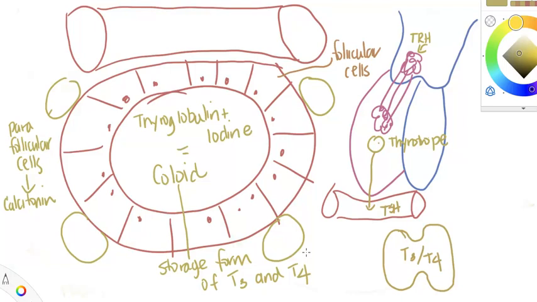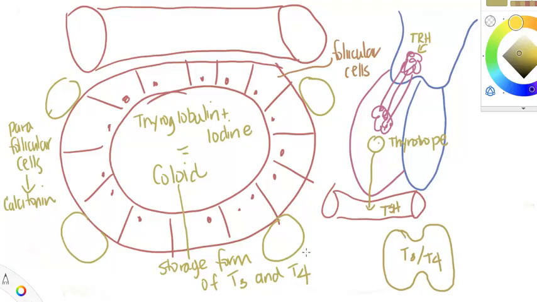So T3 and T4 are thyroid hormones. Next we'll talk about exactly how thyroid hormone is made, but this is where it happens. We've got the thyroid gland, and within it are these little tubules made up of follicular cells.